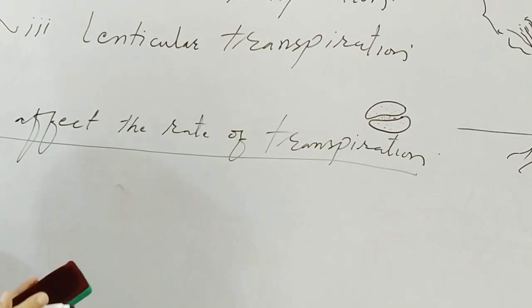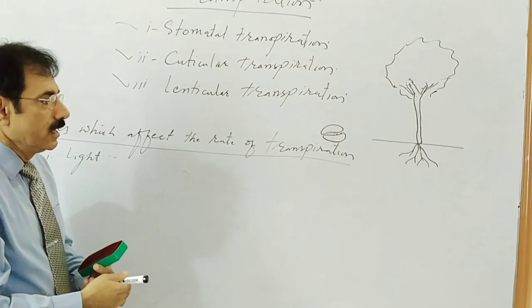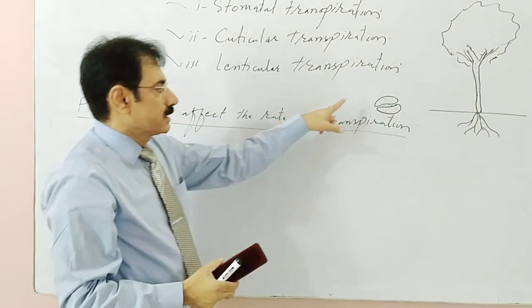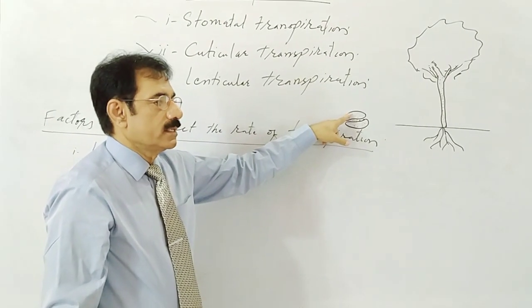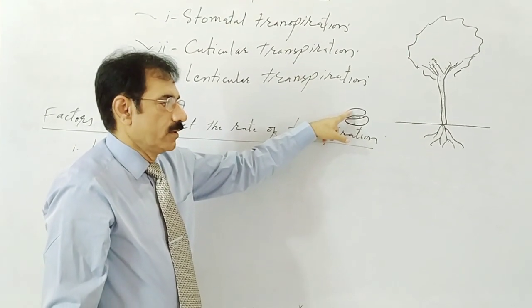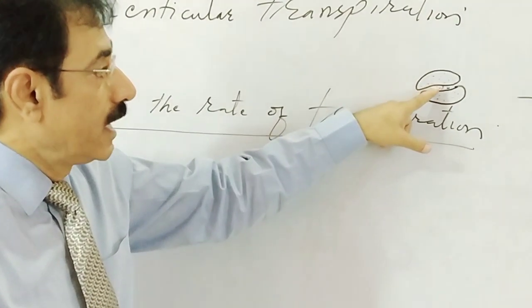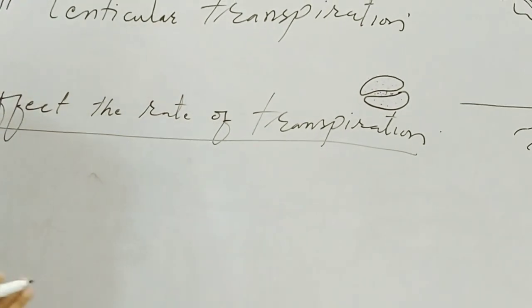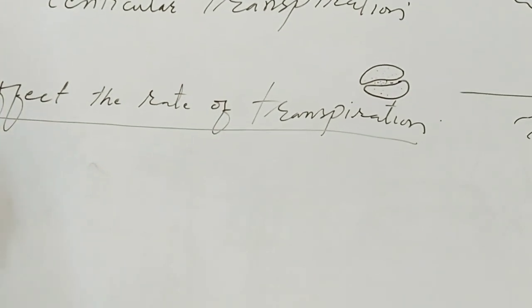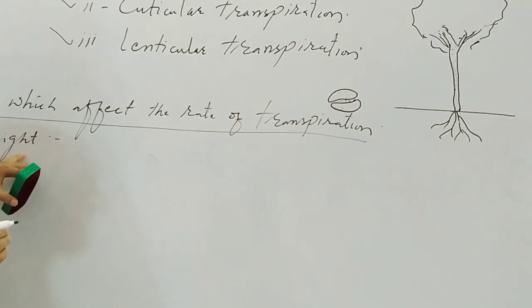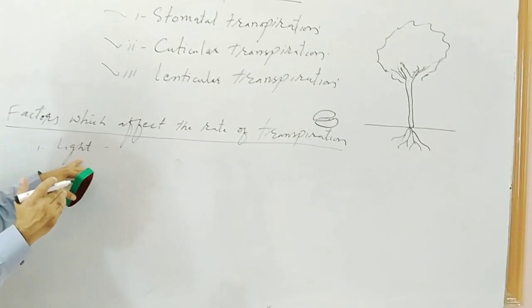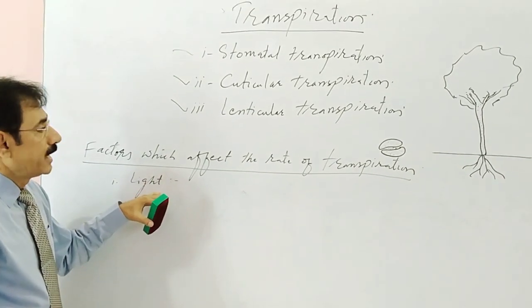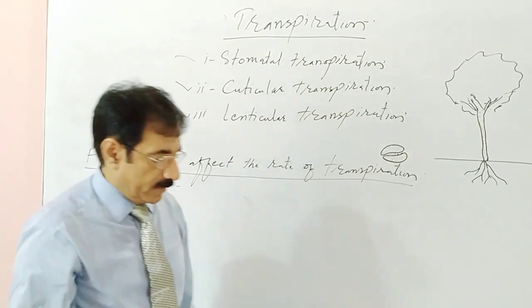Due to the increase of solute potential, the guard cells absorb water from the neighboring cells, resulting in the turgidity of the guard cells, and turgidity of the guard cells results in the opening of the stomata pores. Thus the light factor promotes the rate of transpiration.